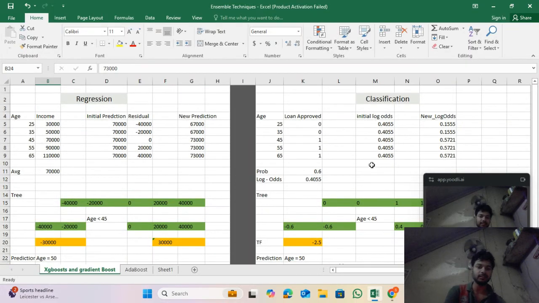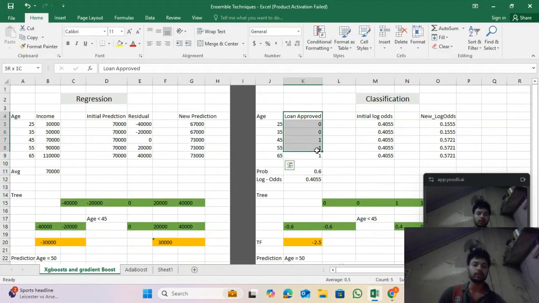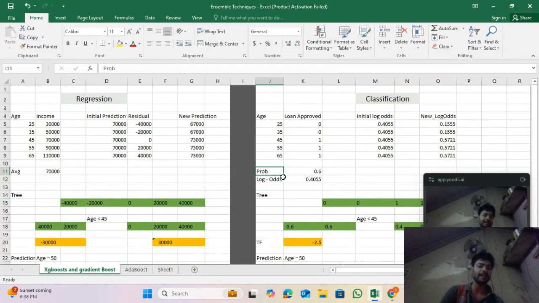In the case of classification, we have age and whether the loan was approved or not. One thing we have to keep in mind is that this works on probability. So the probability of occurring one is 0.6. There are three occurrences of one.